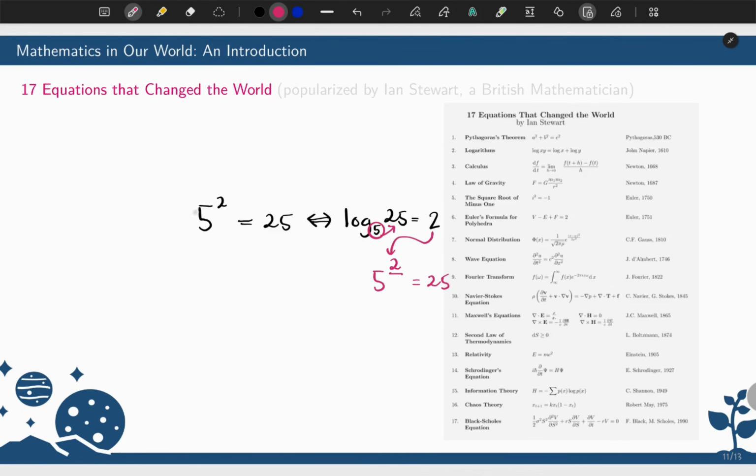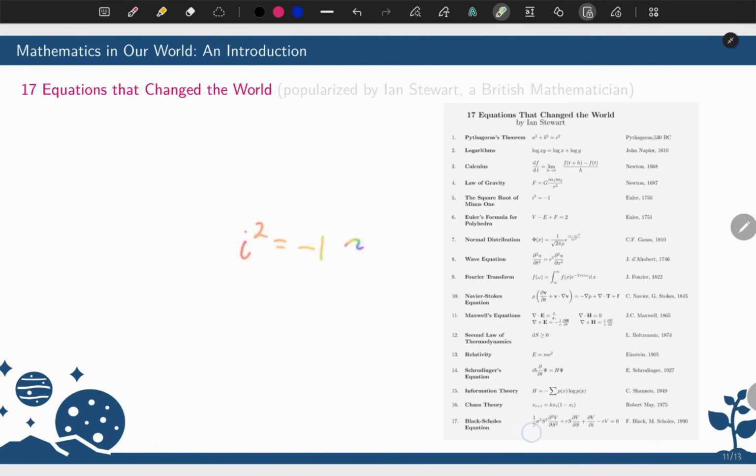Third, calculus. Calculus is a branch of mathematics concerned with the rate of change and areas under the curve. Fourth, the law of gravity in physics. Fifth, the square root of -1, which is equal to i, the imaginary number. Sixth, Euler's formula for polyhedra in geometry.